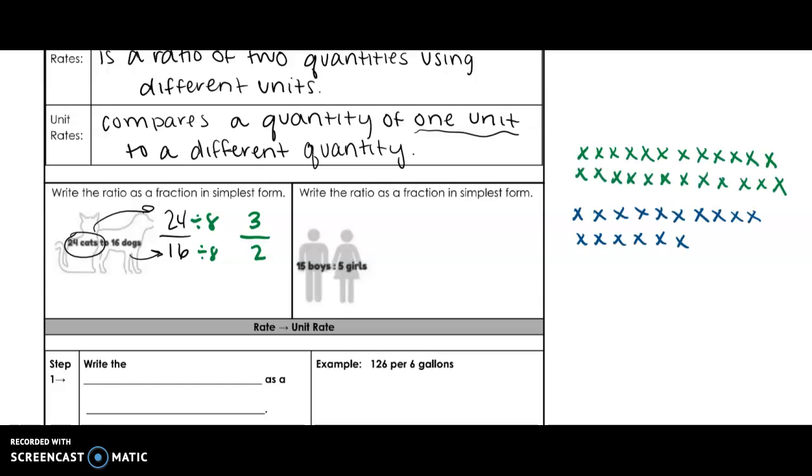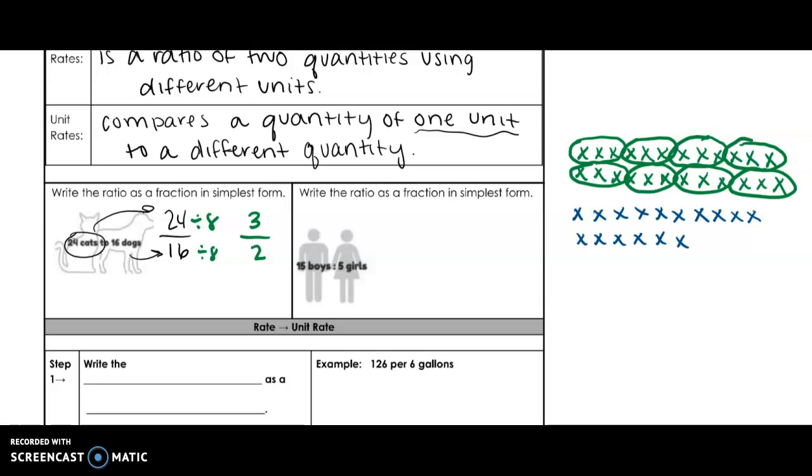So I drew cats as the green X's. There's 24. And in blue, there are 16 X's for 16 dogs. This means if I were to group into thirds, like 3 X's, because we said that it was 3 cats to 2 dogs, if I was to group them together, so let me just do that.